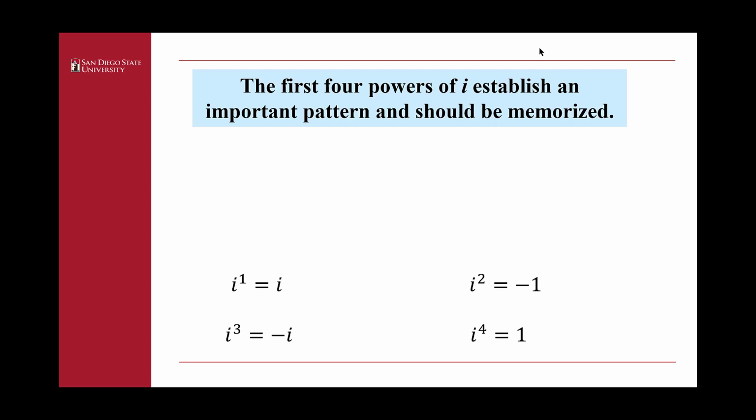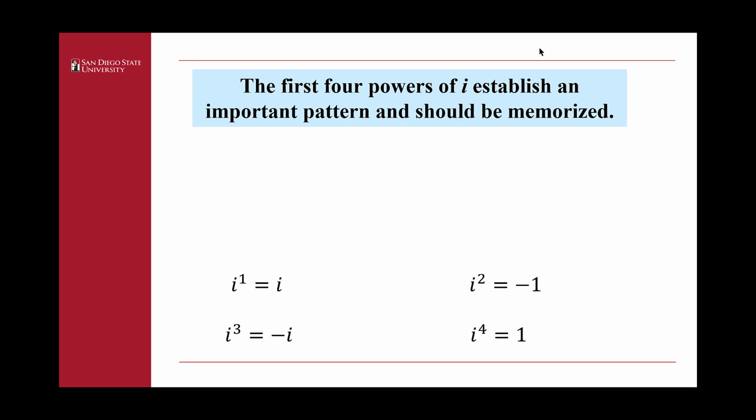So there is a cyclic pattern, because if you calculate i to the power of 5, then you will multiply i with i to the power of 4. Then you will multiply i with 1, and you will get i again.